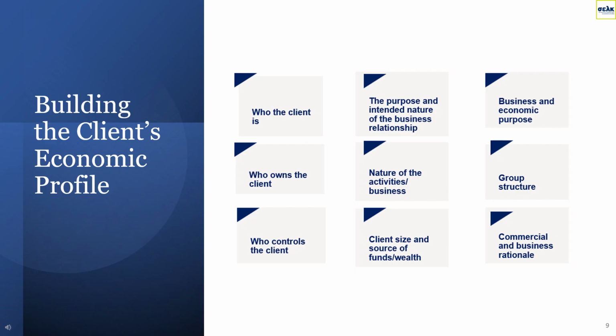The client's group structure should also be documented, including any subsidiaries, associates, or related companies, especially those with which the client regularly transacts. Finally, firms should assess the commercial and business rationale behind the client's existence and whether it can be demonstrated that the entity exists for a legitimate trading or economic purpose. All of this information should be clearly documented in the client's economic profile.